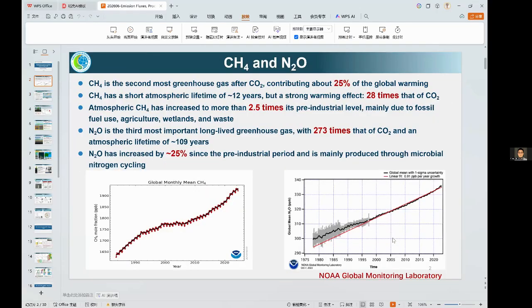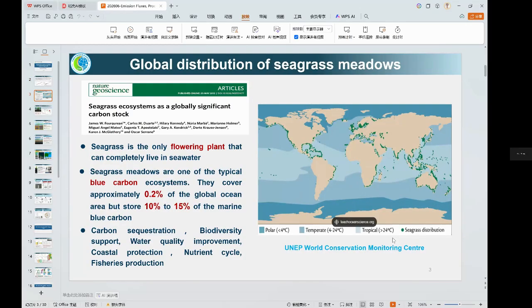N2O has increased by about 25% since the pre-industrial period, and it's mainly from microbial nitrogen cycling. Seagrass is the only flowering plant that can completely live in seawater. Seagrass meadows are one of the typical blue carbon ecosystems.